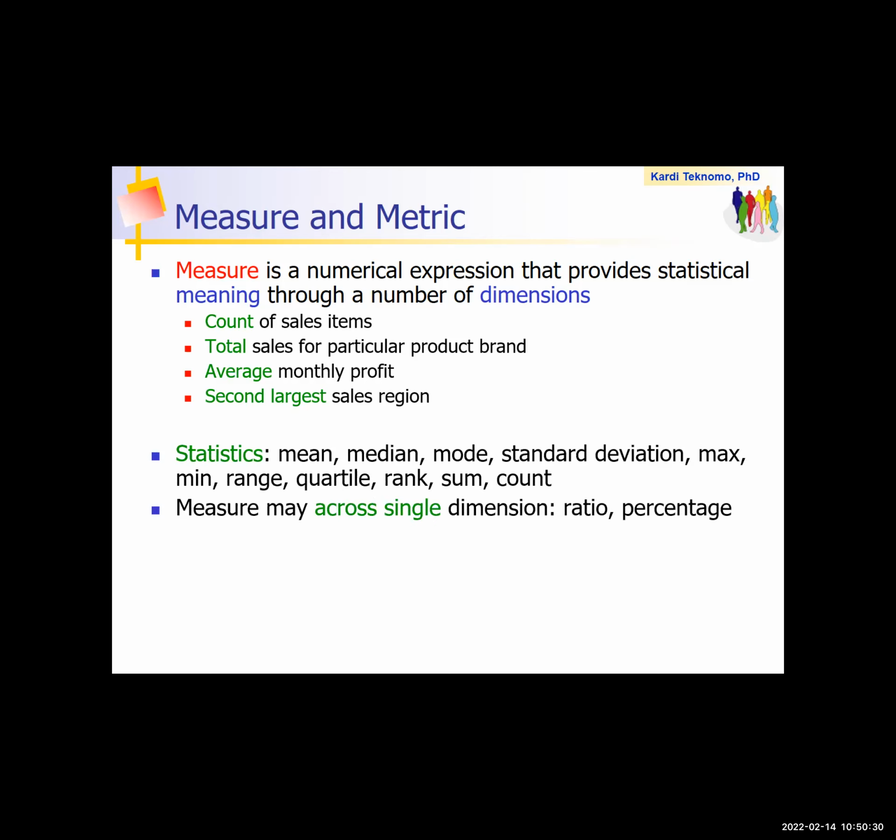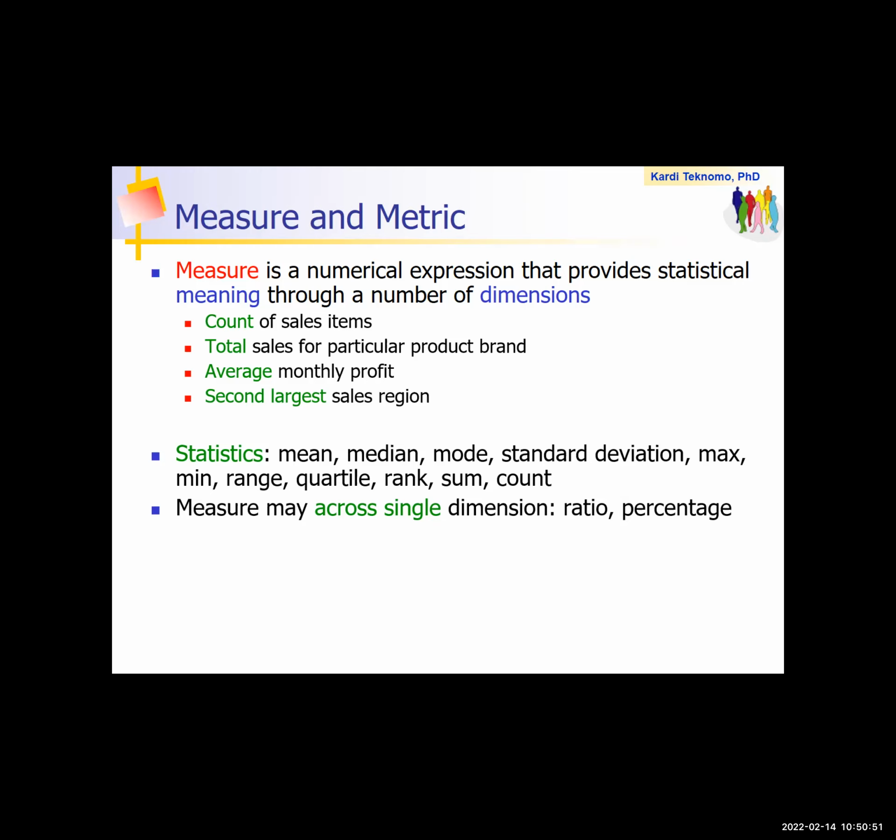Okay. So when I say statistic here, it represents all the statistics: mean, median, mode, standard deviation, maximum, minimum, range, quartile, rank, sum, count. When I say statistic, it includes all this terminology, you already know, right? You know what is mean? Mean is the average.